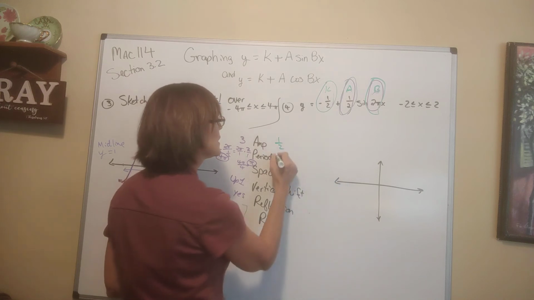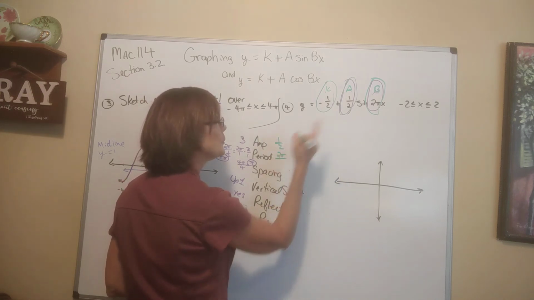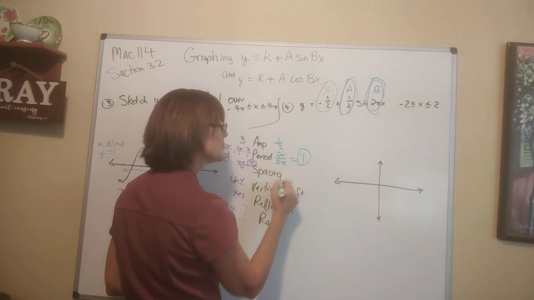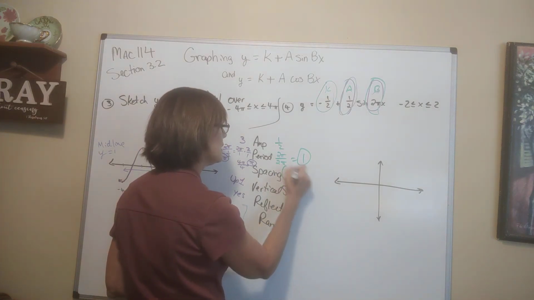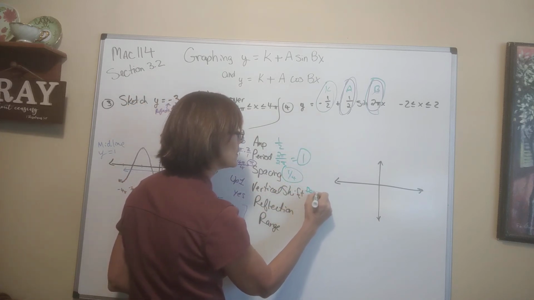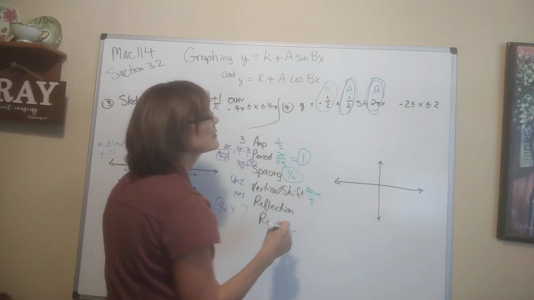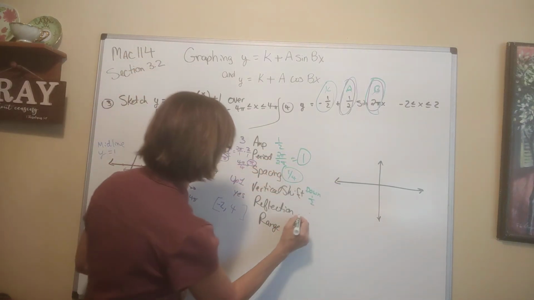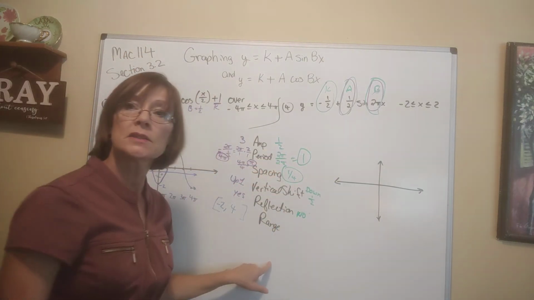The period we said was 2 pi over b, but in this case that's 2 pi, so the period is 1. The spacing is 1/4, okay. The vertical shift is right here, down 1/2. Is there a reflection? Well, A is positive, so no reflection. And then we'll deal with the range at the end.